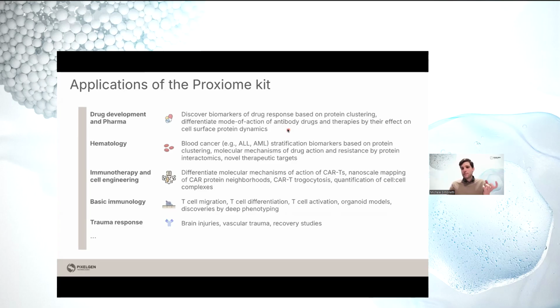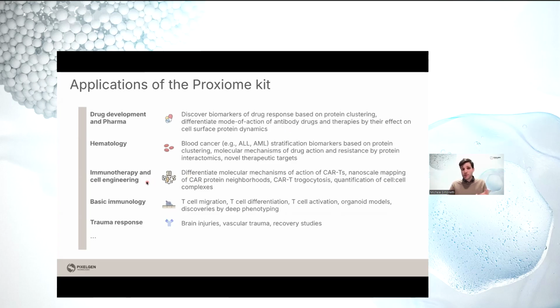Also, we have seen an example with rituximab to differentiate the mode of action of antibody drugs, for example, in therapies, by their effect on the cell surface protein dynamics. In hematology, ALL, AML, where we look at stratification biomarkers based on protein clustering, molecular mechanism of drug action and resistance by protein interactomics, and also looking at novel therapeutic targets.